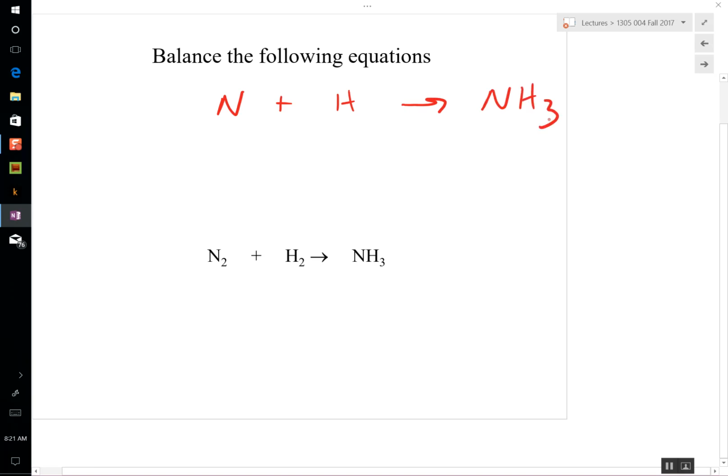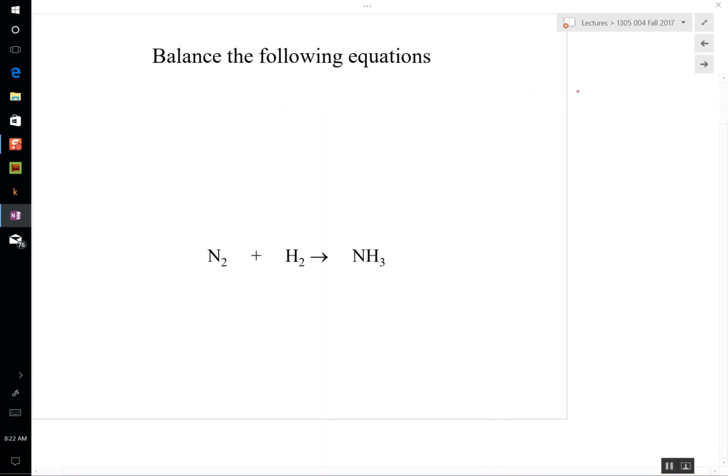It'd be easier to balance, wouldn't it? I just need 3 hydrogens. Boink, balanced. But that isn't the correct formulas for the reactants that are going into the reaction. So we're not going to take the easy way out.